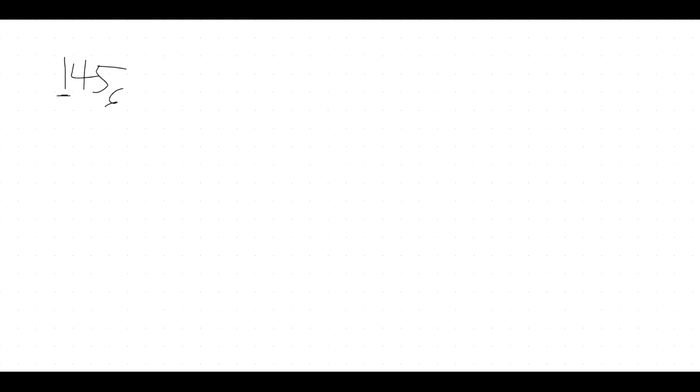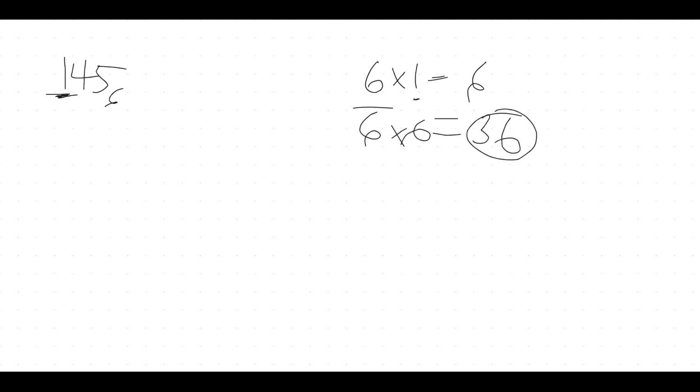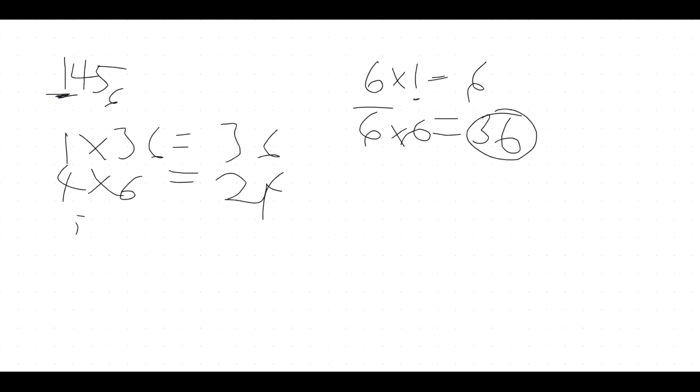It means that even in the bundles, you have 6 singles. 6 singles will give you 1 bundle, and this 1 bundle, you have 6 of them. So this particular space is 36. That's why it is 1 times 36, 36. Then 4 times this one, which is just bundle 6, that's 24. Then 5 times 1, that's 5.